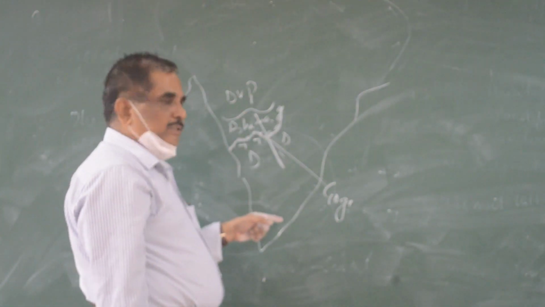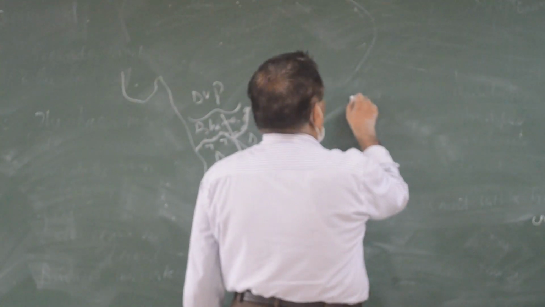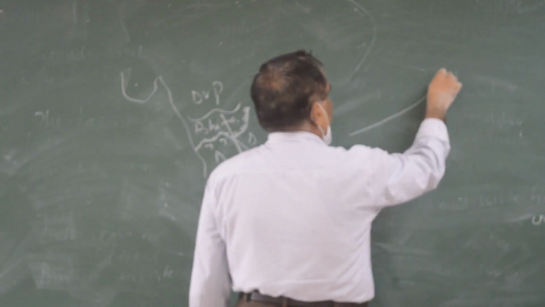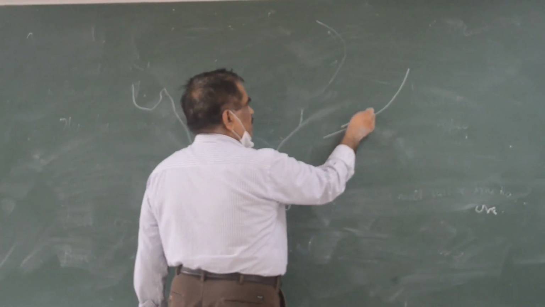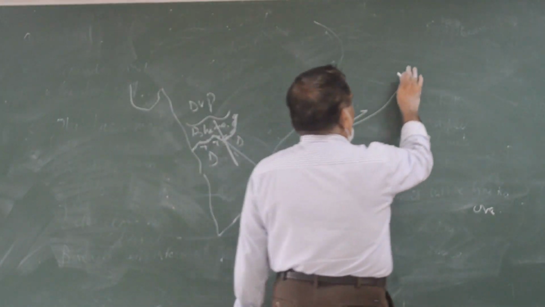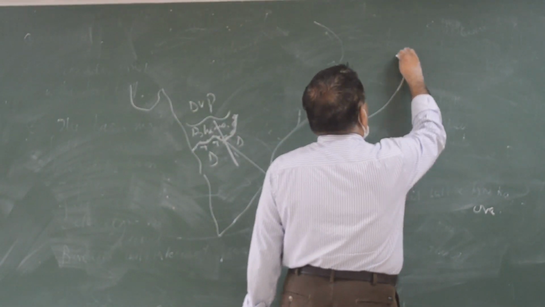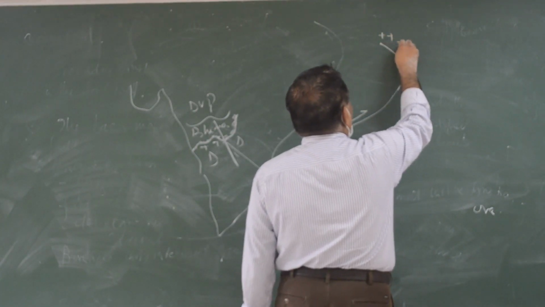If you take a cross section across this basement, it will be something like this. The basin margin fault has become a thrust, and the thrust has been inverted back toward the sediment, and here are the granites.